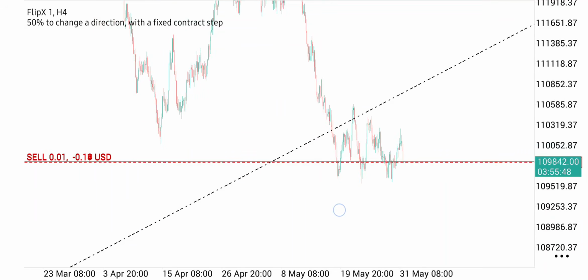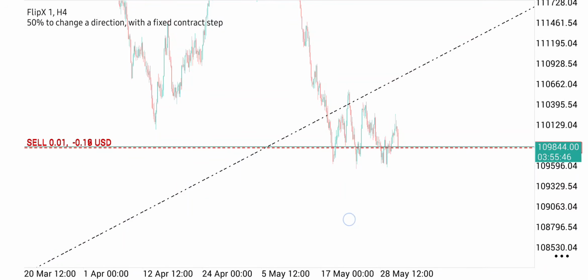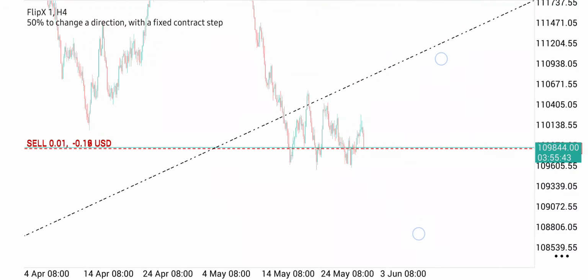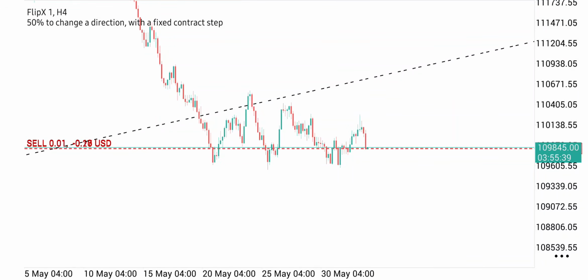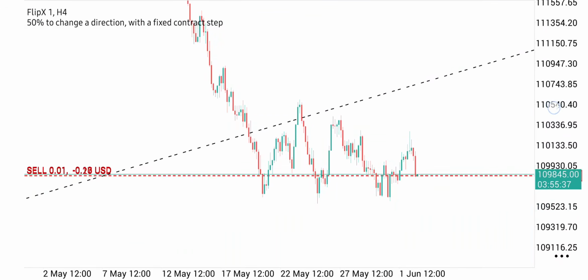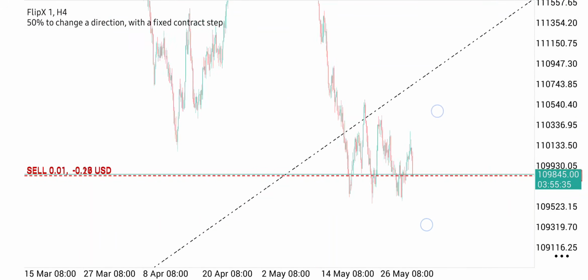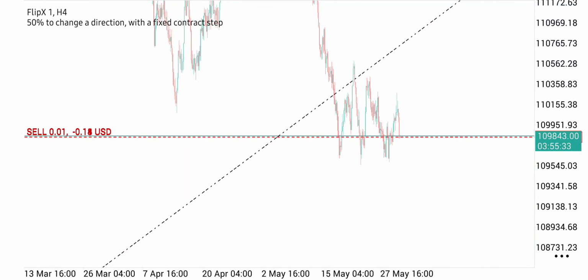Let's go to H4. This is H4. This is what H4 looks like for us. And this is the retest from D1, the breakout and the retest.